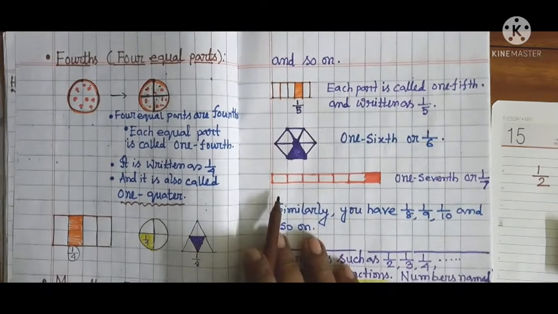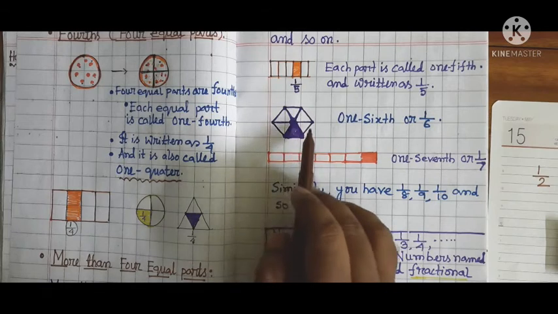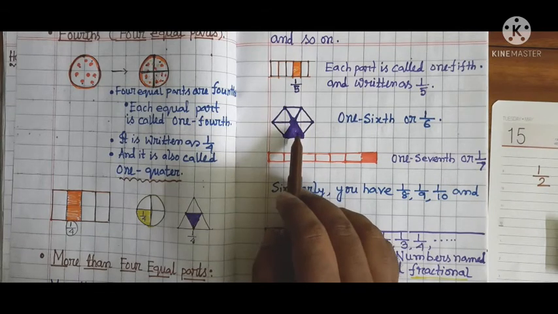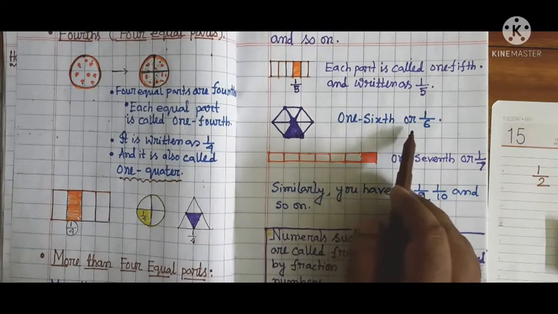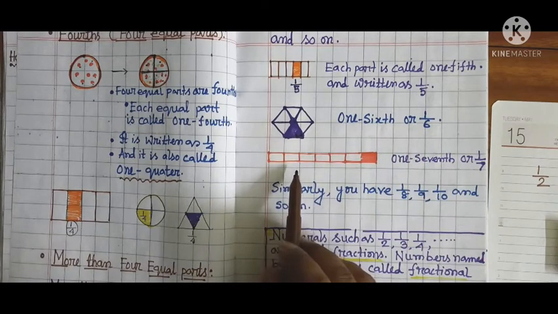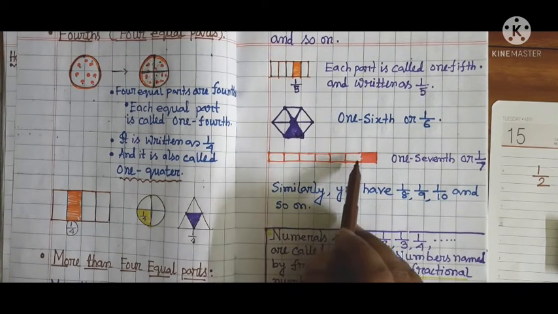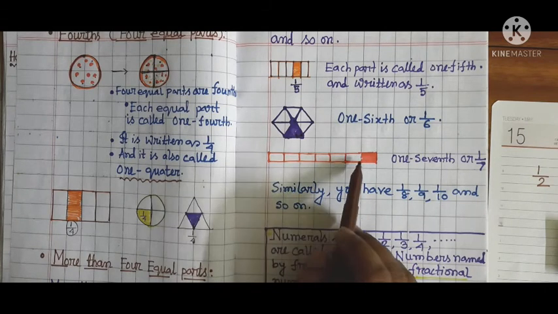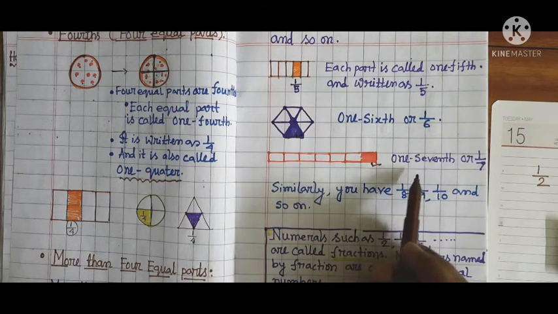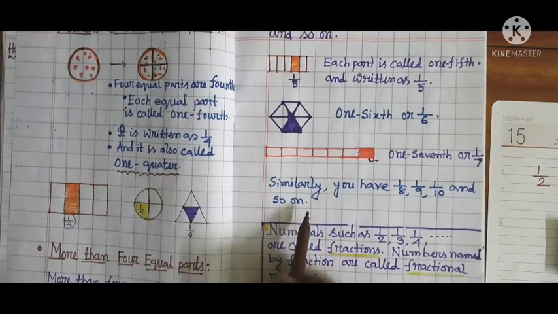Similarly, you can see a picture with 6 equal parts, and one part is called 1/6 or 1 by 6. Similarly, a thing is divided into 7 equal parts, and you can see the shaded portion is 1/7, or written as 1 by 7.